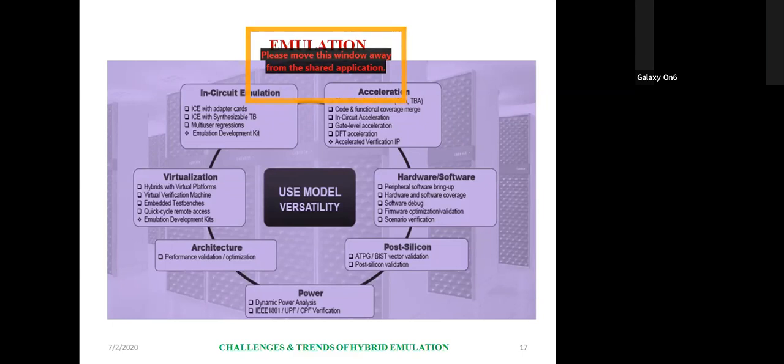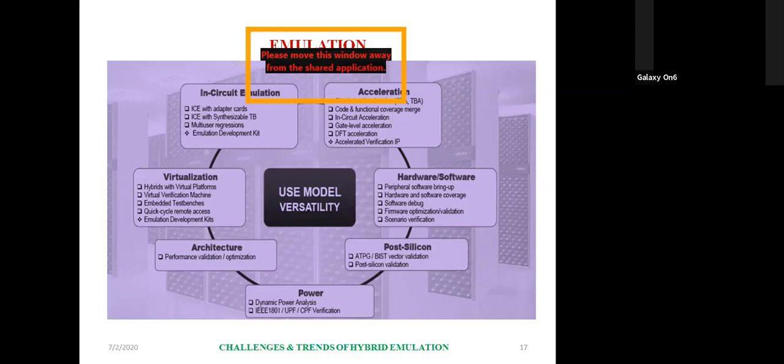The hardware can talk with the software, make the peripherals live, the software debugging after that, then firmware optimization, and you have operating conditions, you have to verify all these scenarios. We have post silicon ATPG, automatic test pattern generation, BIST, and post silicon validation.